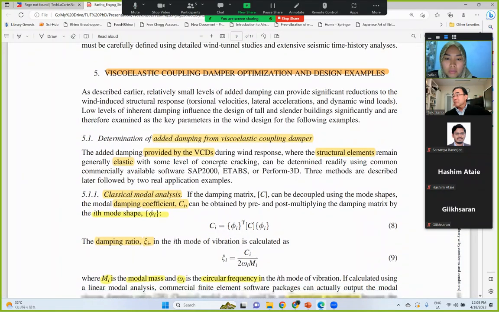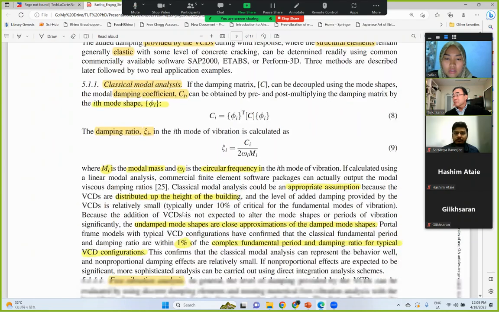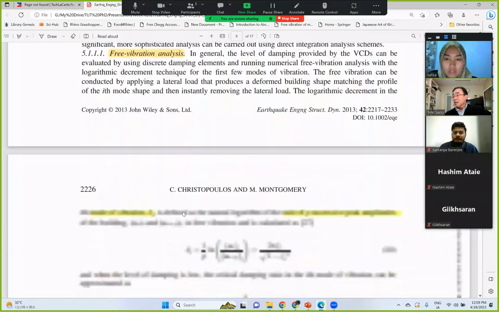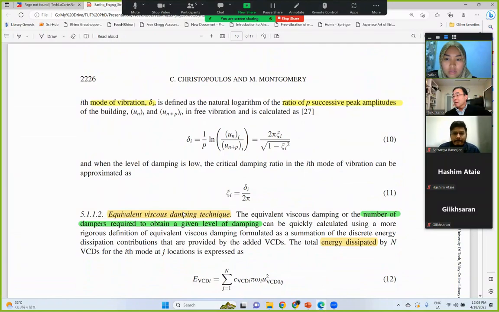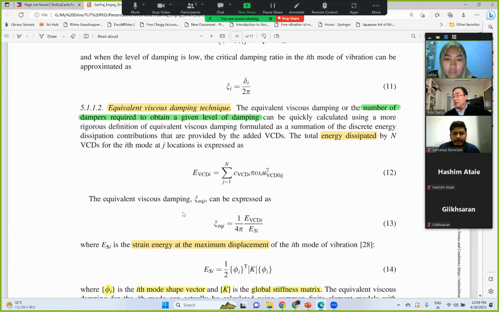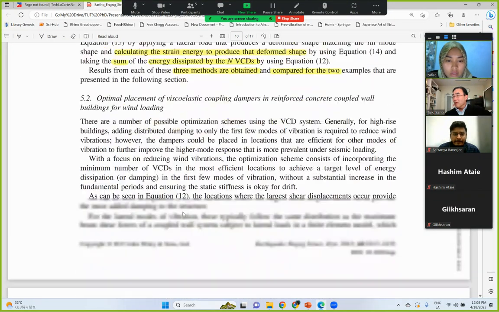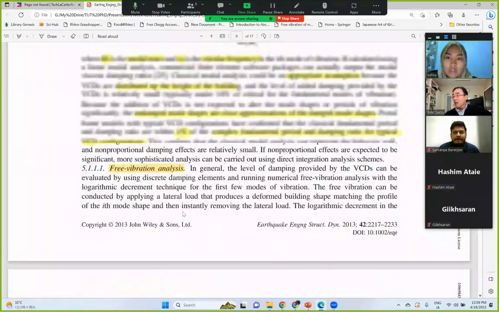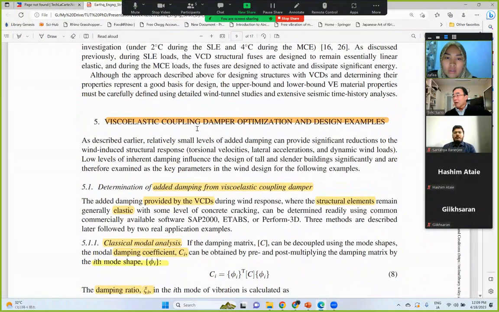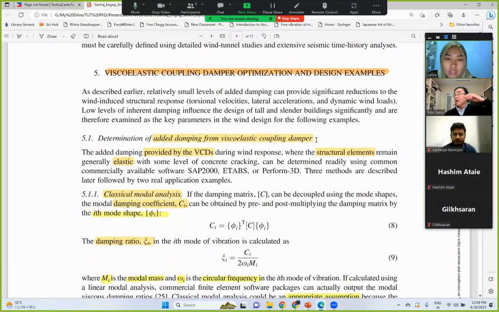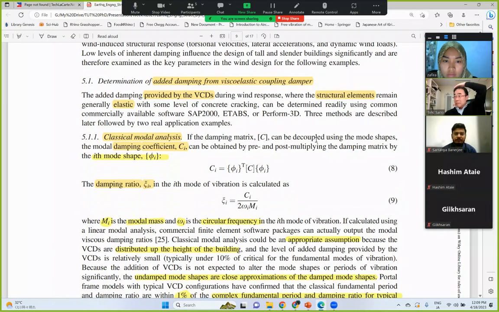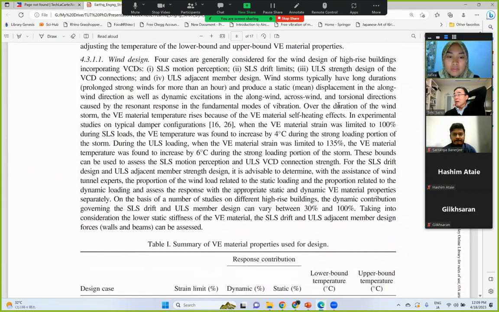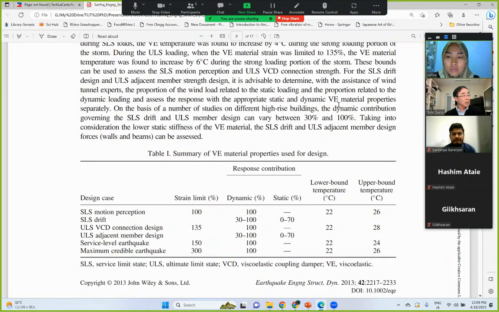Viscoelastic damper. It doesn't give it here. There is no GC. This doesn't mention it here. It only gives it for the optimization and the design example. GC. This is also not it.